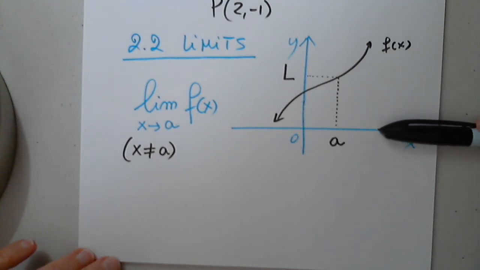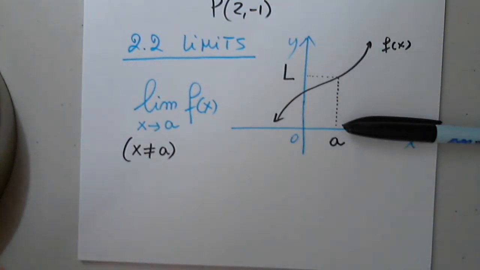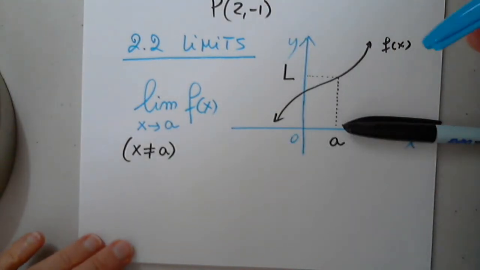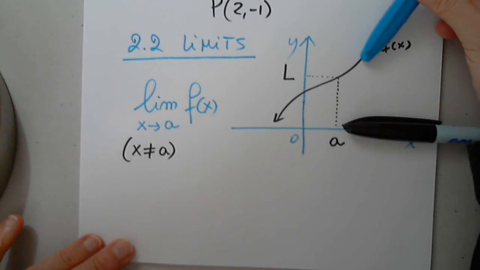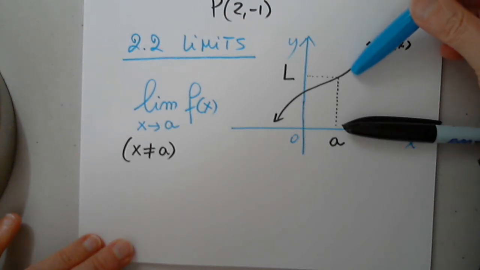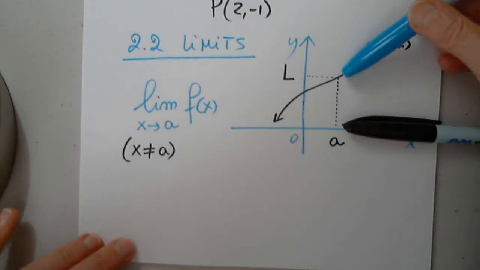So as X approaches A from the right, let's follow the function and see what it does. What is the tendency of the function to do? To get closer and closer to what? Okay, one more time.